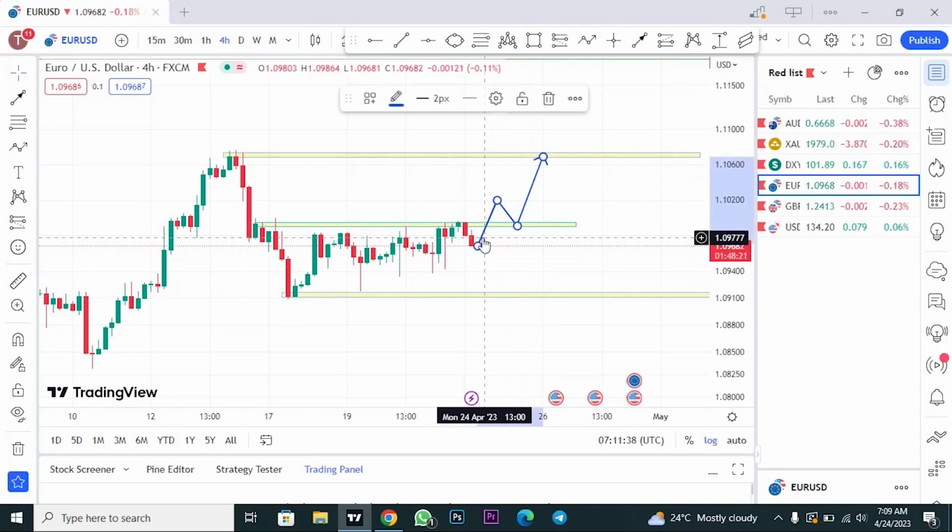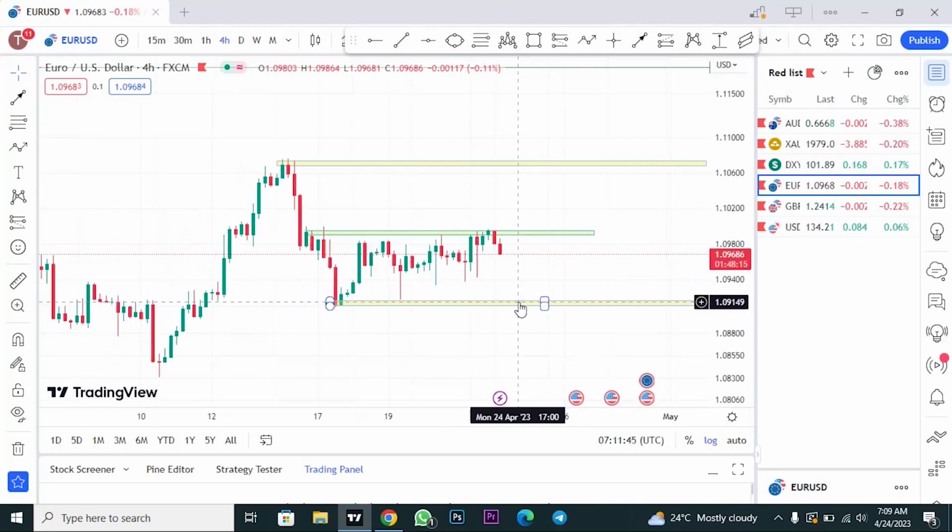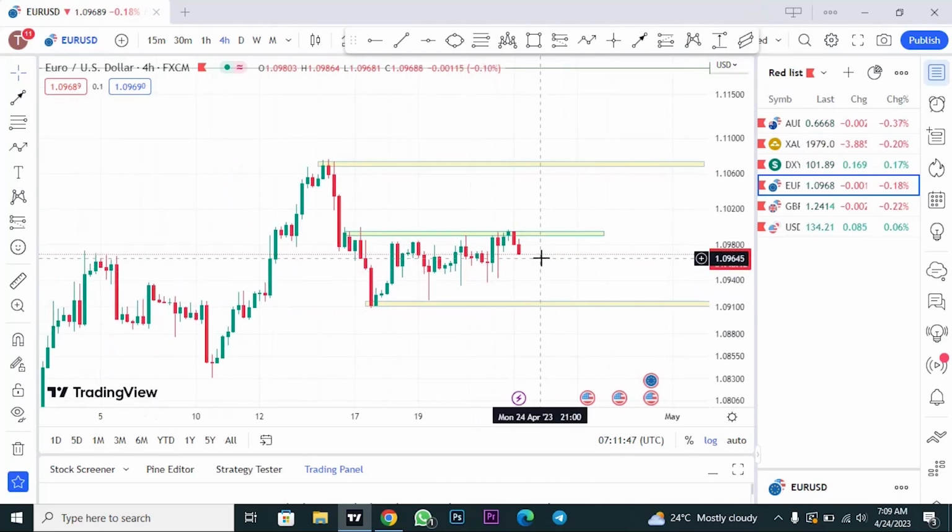So that's how I'm seeing the DXY, but my overall movement on Euro USD is bullish. I want bullish, but how is this bullish gonna happen? That's what I'm trying to explain.